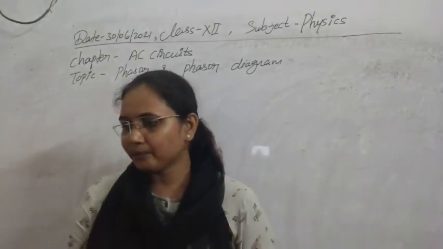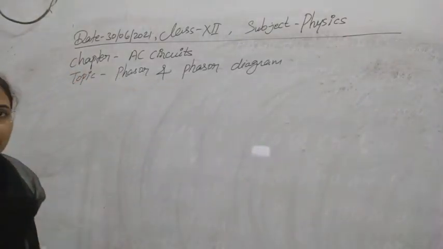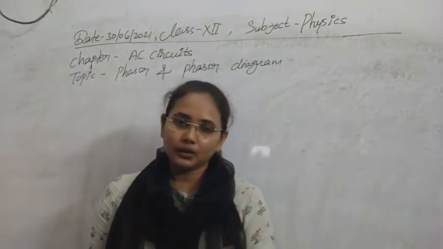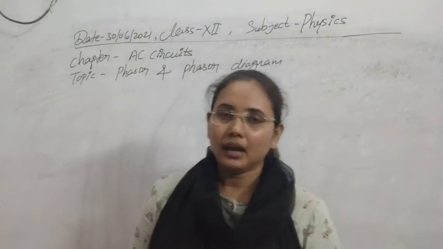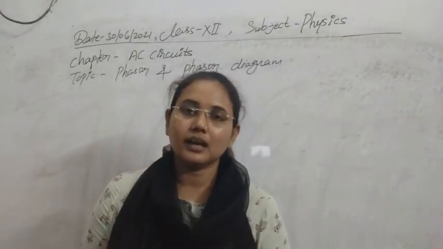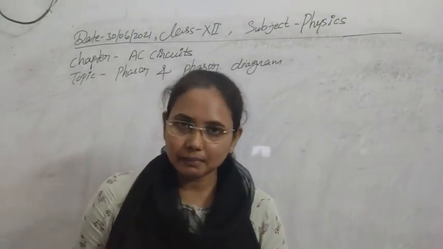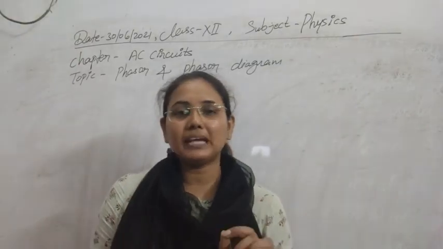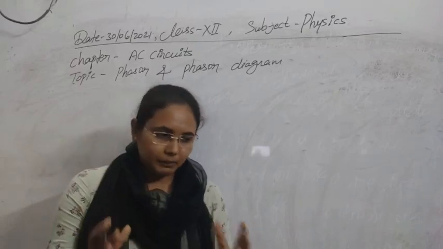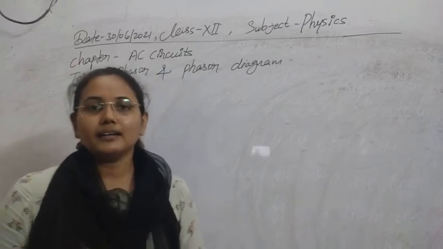A phasor is a rotating vector quantity that can rotate through an angle from 0 to 2 pi in a plane, and it represents the sinusoidal change of the alternating current or voltage, and at any time it tells us the peak value. If we represent it with the help of a diagram, it is called a phasor diagram.